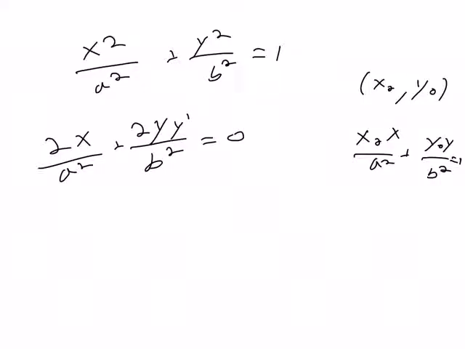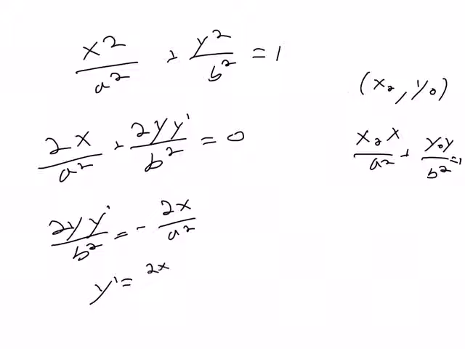Or in other words, 2y y prime over b squared is equal to negative 2x over a squared, or y prime is equal to negative 2x b squared over 2y a squared.